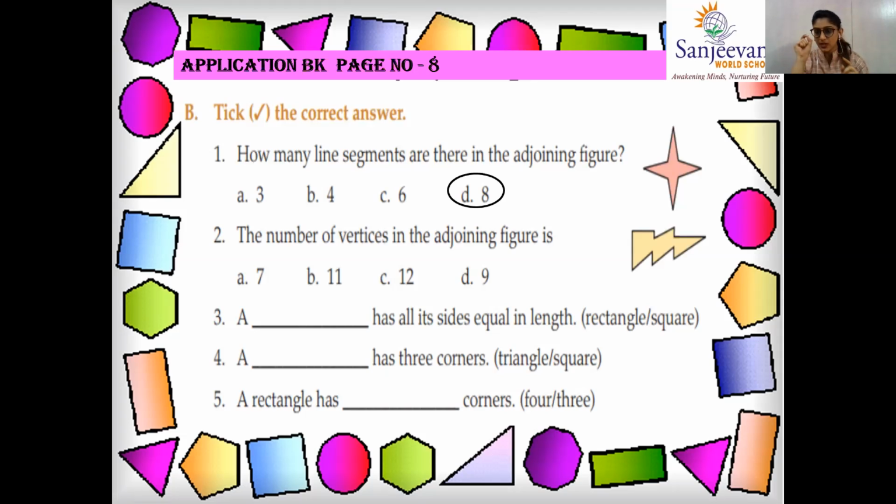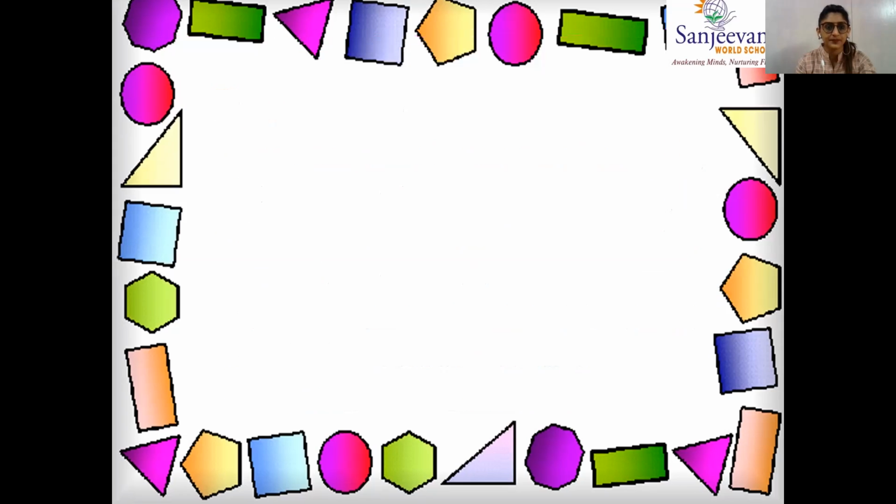So how many corners can you see in this second figure? 11. Third, a dash has all its sides equal in length. Square has all its sides equal in length. A dash has 3 corners. Triangle. A rectangle has dash corners, 4 corners. This is something very, very easy.